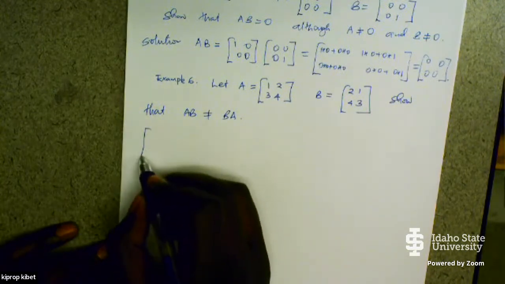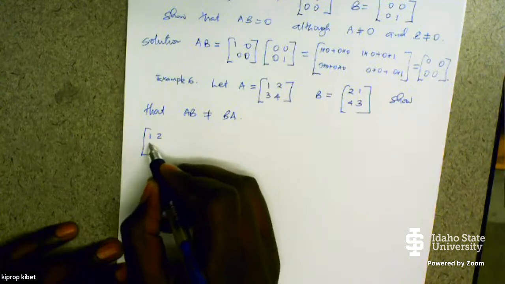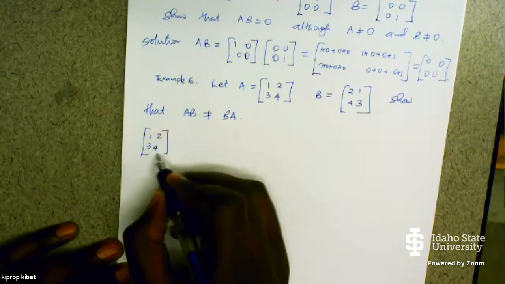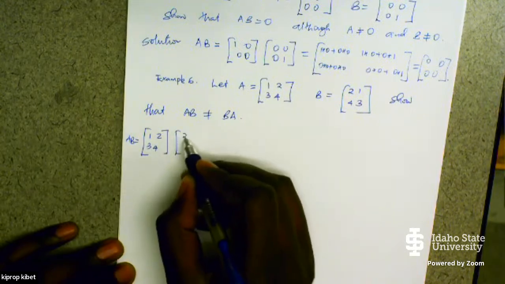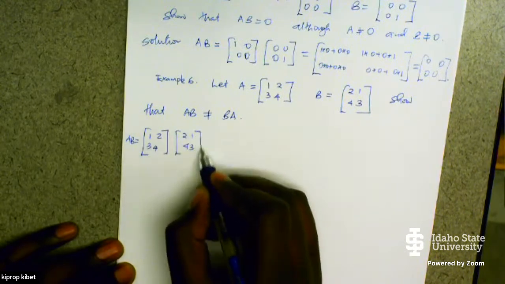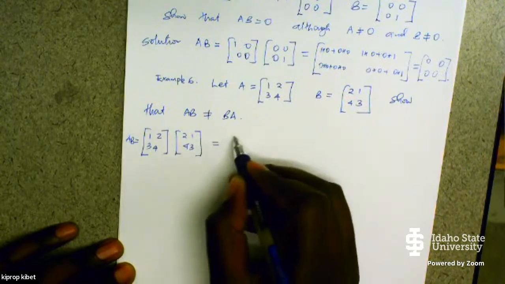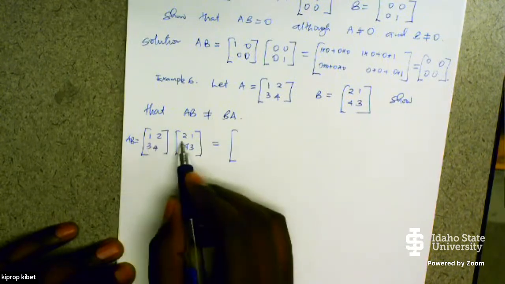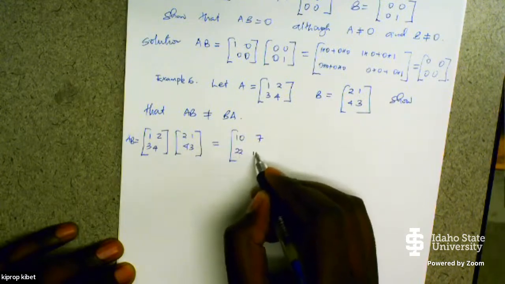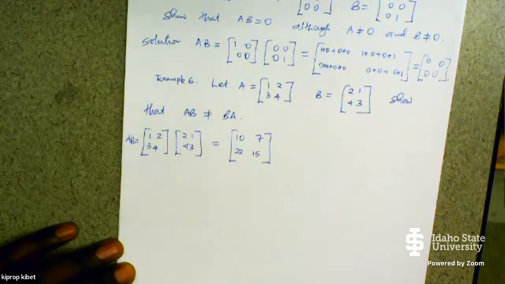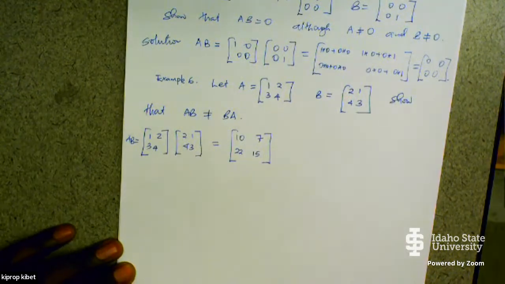So the same way, 1, 2, 3, 4. Let's calculate AB, which is equal to 2, 1, 4, 3. And when we solve this, we should get 10, 7, 22, and 15. So that is the product for that.